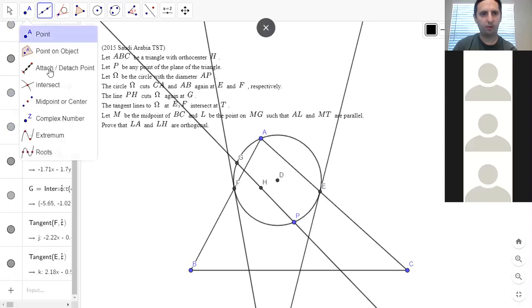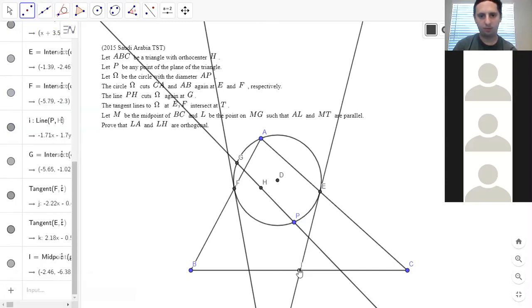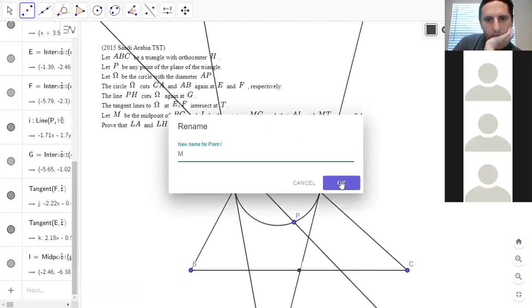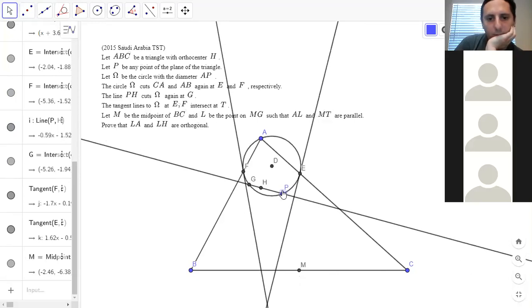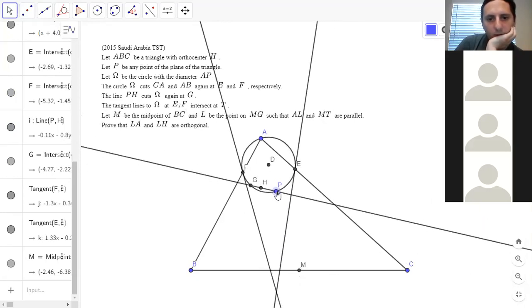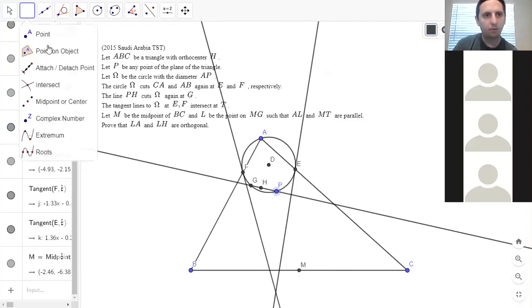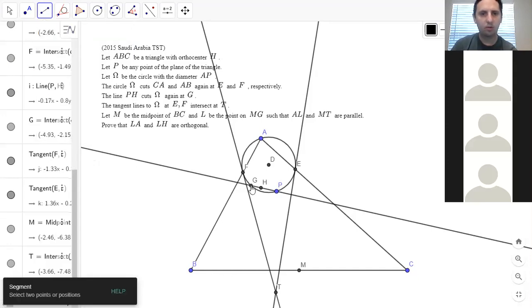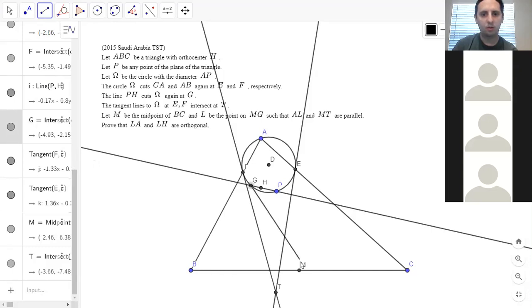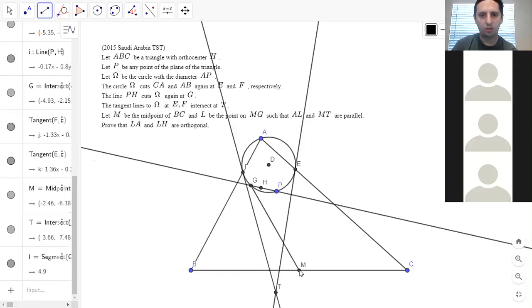So M is the midpoint of BC. And L is on MG. So if I make P like this, L is on, so AL and MT are parallel. So here's T. So AL and MT are parallel.